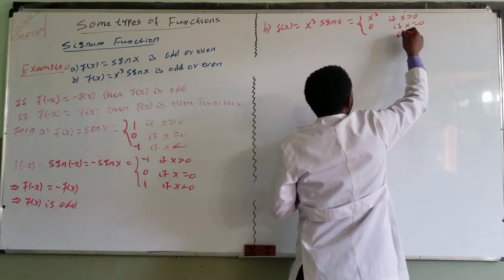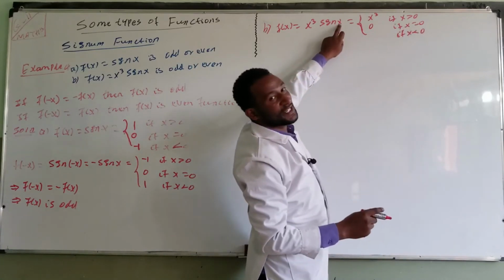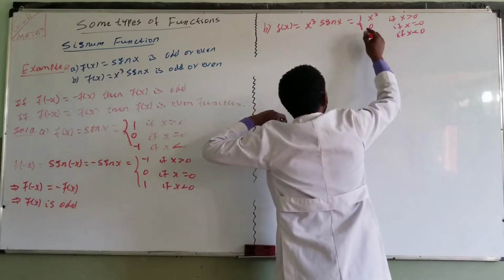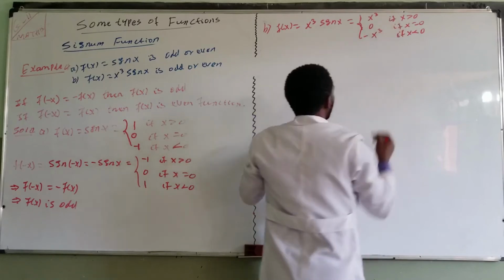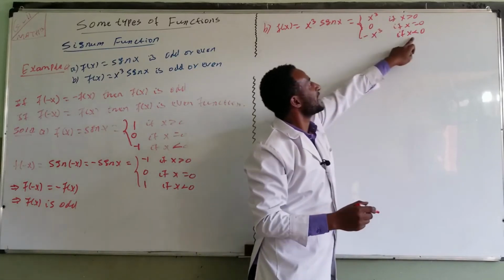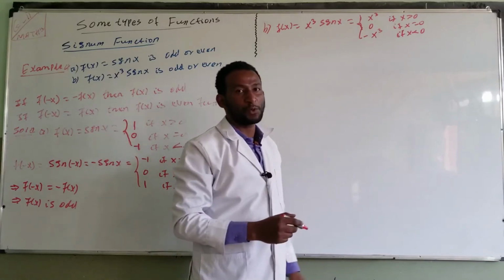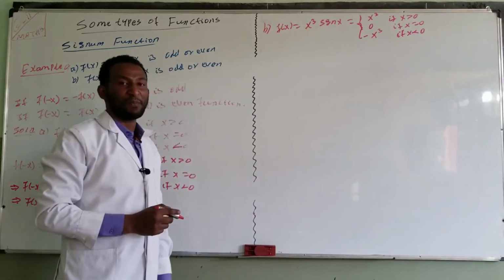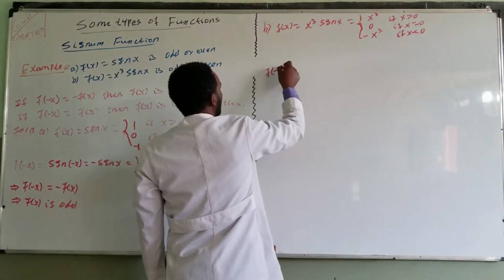If x is less than 0, signum of x is negative 1, therefore negative 1 times x cube is equal to negative x cube.